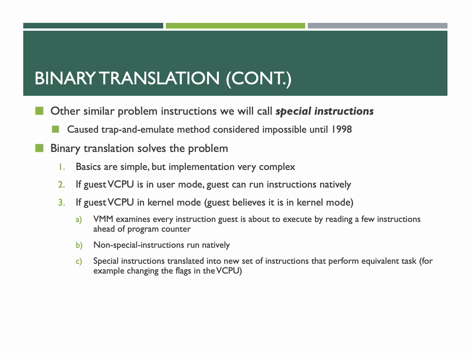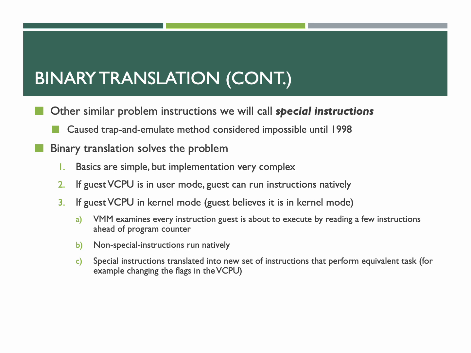So, traditional trap and emulate strategies struggled to handle certain instructions efficiently, particularly those that do not generate traps yet alter the state significantly. These are referred to as special instructions.